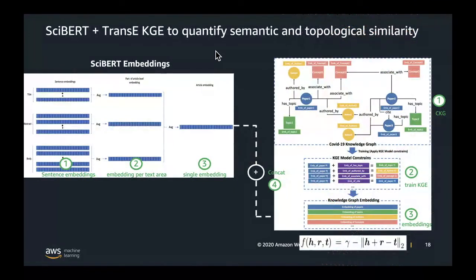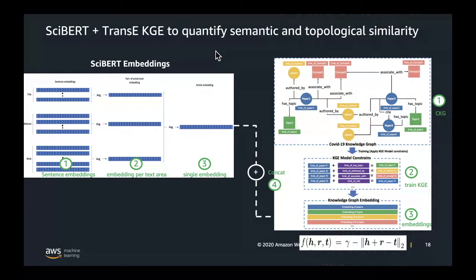As you can see here on the left, we use SciBERT at the sentence level, and then we aggregate via the average of the embeddings for title, then for abstract, then for body, and then we aggregate those to form a unique vector representing the paper. This works under the assumption that those three portions of the paper carry the same amount of information.